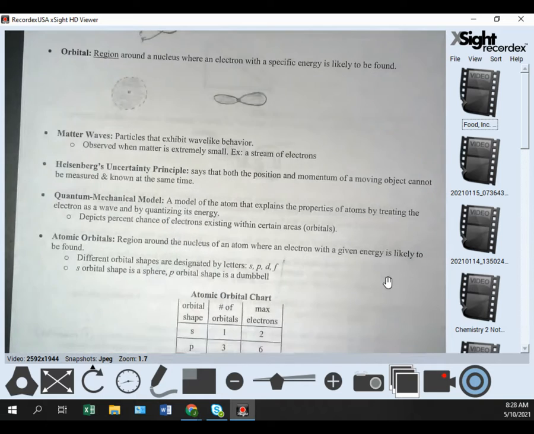Heisenberg's uncertainty principle comes down to how we observe things, but on a really, really, really small level.